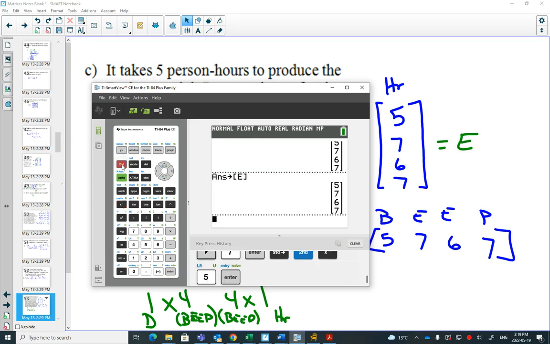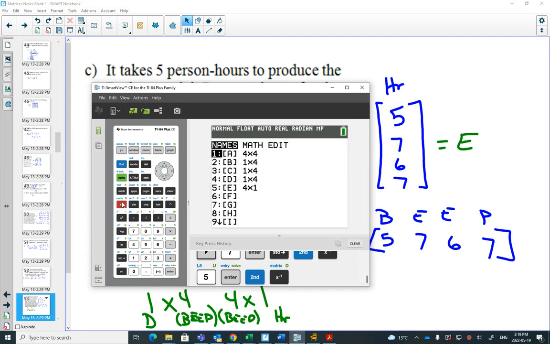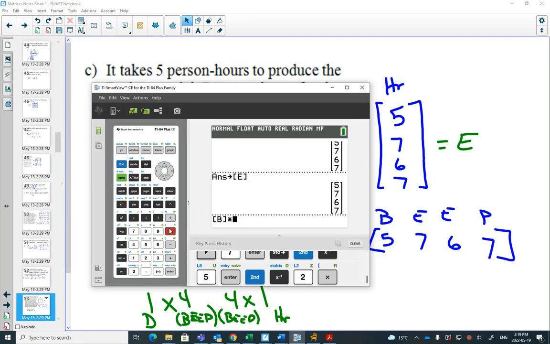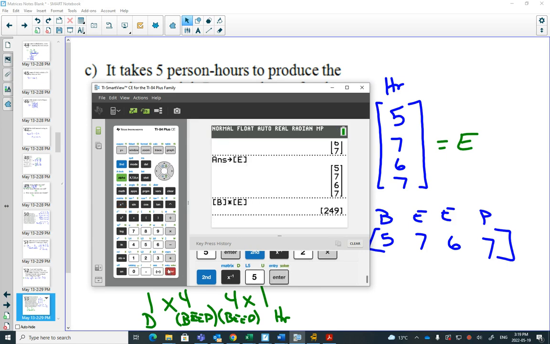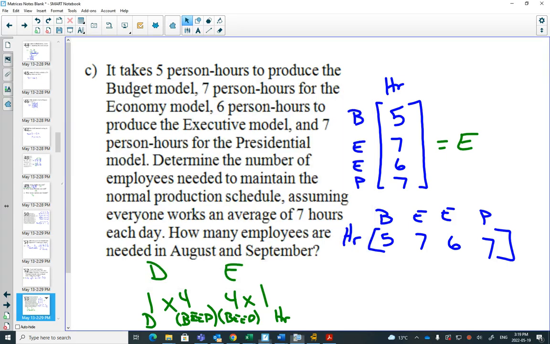And now I can go B times E, 249. And that 249, the row was daily, the column was hours. That's how many hours we need per day.